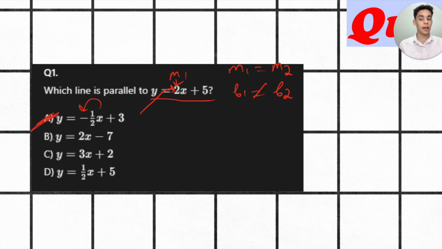And let's look at answer choice B. In this case, we will have 2x - 7. Perfect. Let me change the color. So this 2 is our m2, which is our second slope, and negative 7 will be our b2. As we can see, m1 equals m2, like these two, and b1 does not equal b2. Great, you found your answer.